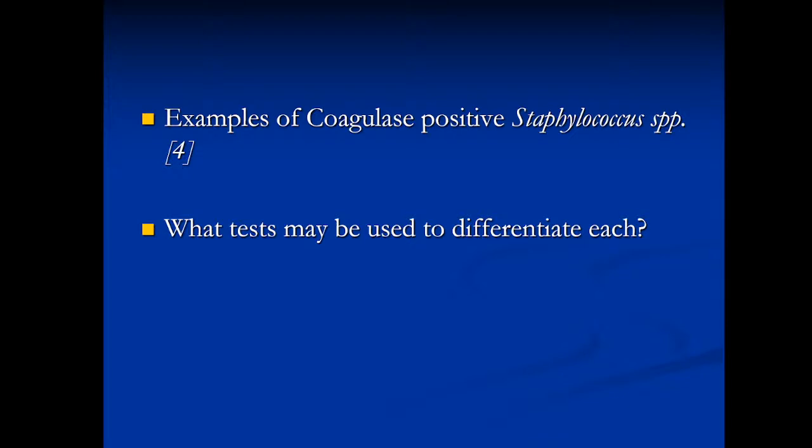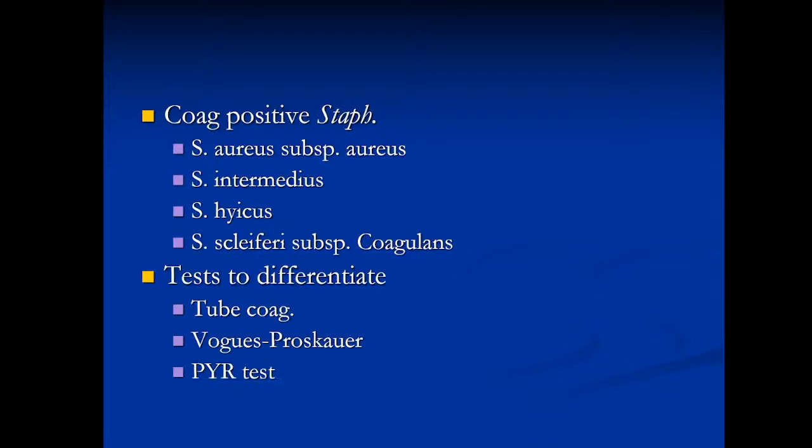All right? So there are four Staph species that are of clinical importance. Let's not forget Staph aureus subspecies aureus, Staph intermedius, Staph hyicus, and Staph schleiferi subspecies coagulans.